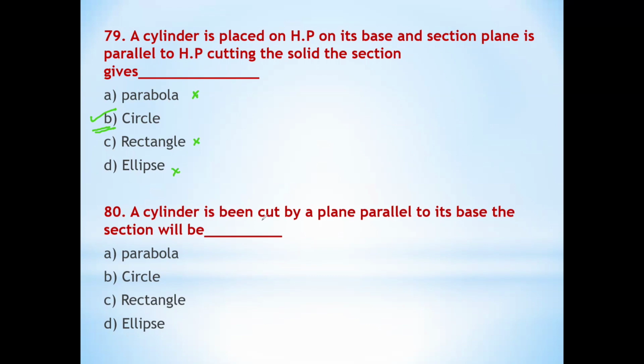The meaning of both statements is the same. So here also we will get a circle, because the cutting plane is parallel to its base. Okay, so we'll see the next one.